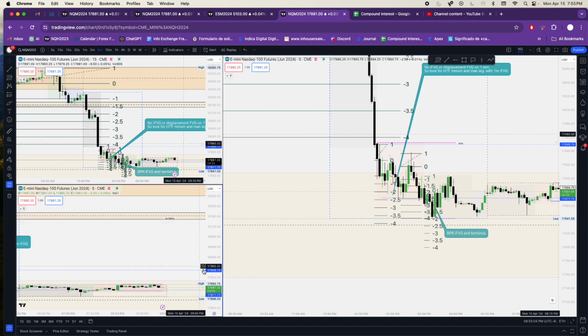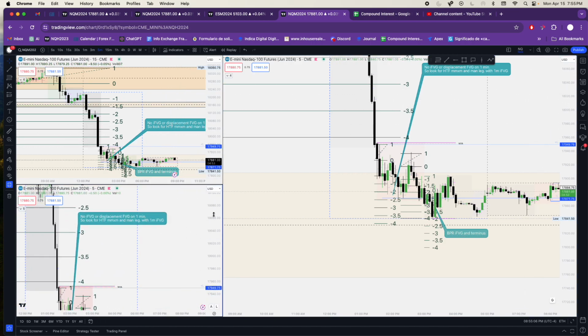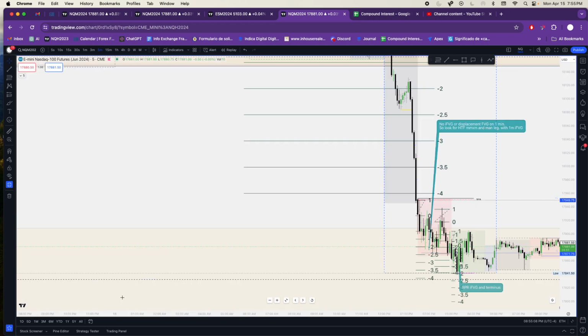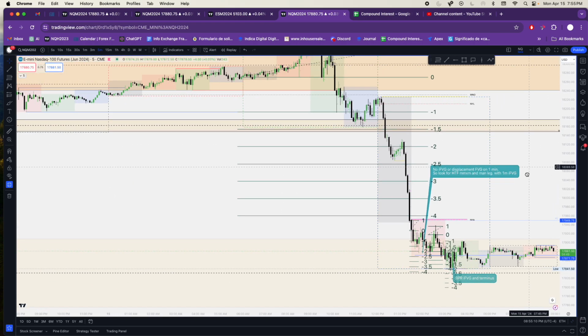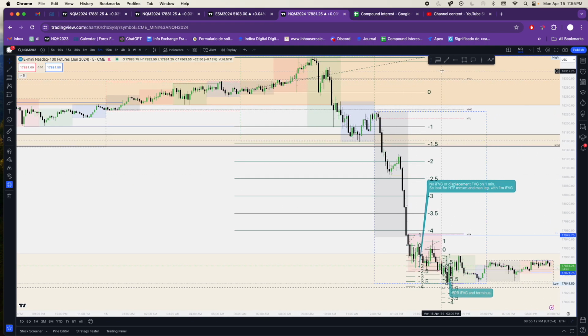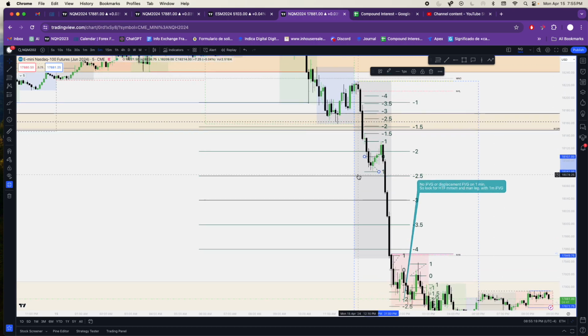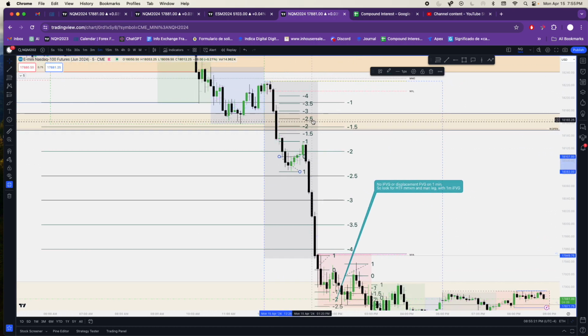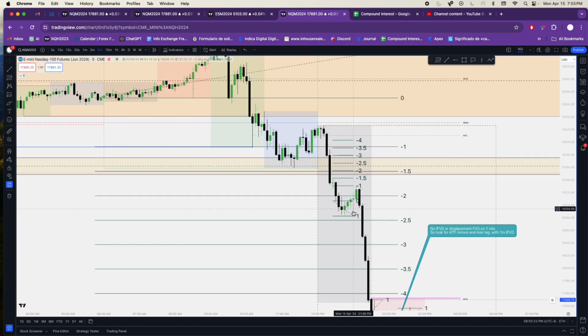Alright, so looking at this 5. Same old. Since we're looking at the current time frame, we want to see a projection of 2.5. We don't get anything. This should be the last one, first one.